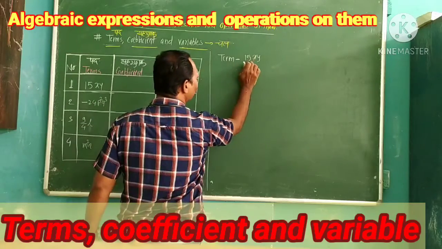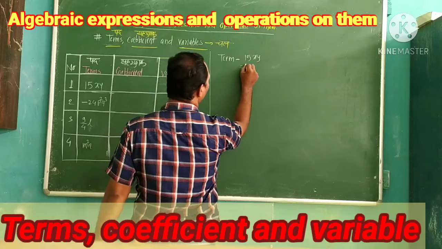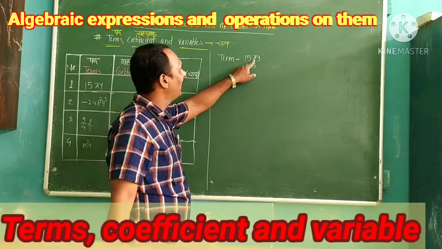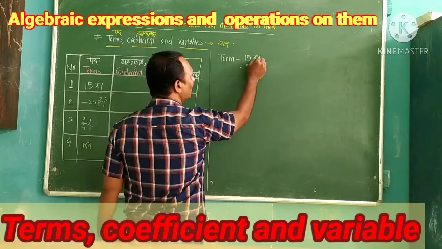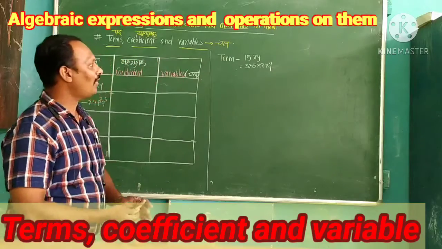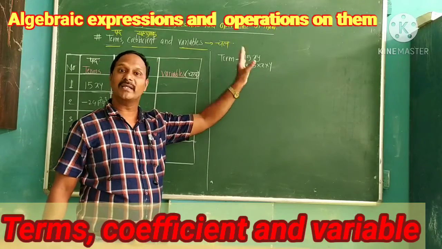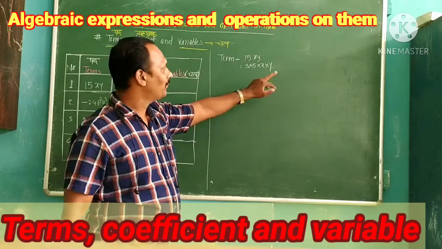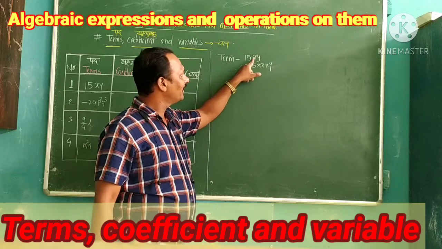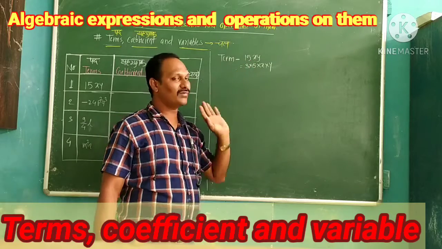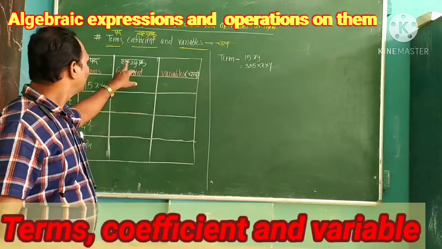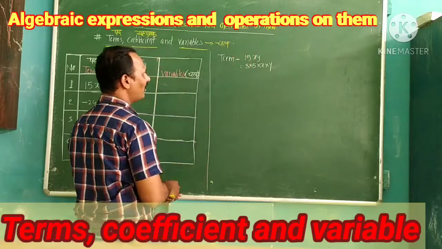The factors of 15 are 3 into 5, and x into y is xy. Term means the multiplication of coefficient and variable. Multiplication of coefficient and variable is called term.